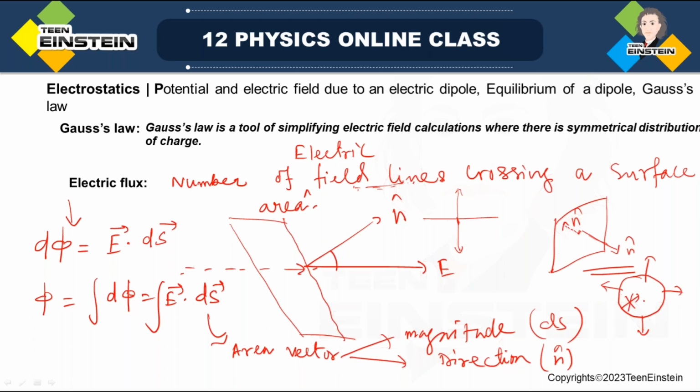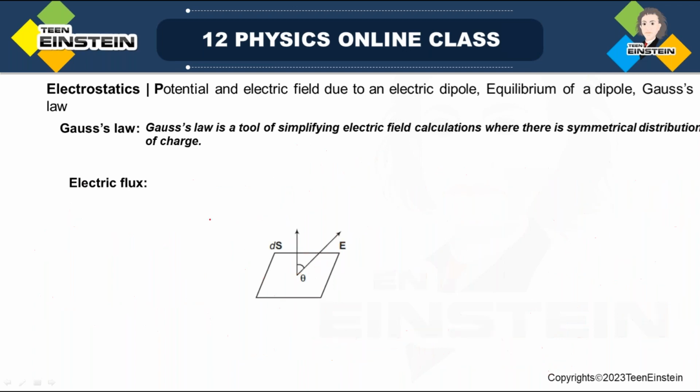So in case of an open surface, the normal to the area can be taken in any direction, but in case of a closed surface, you should take the outward normal. This is the convention.